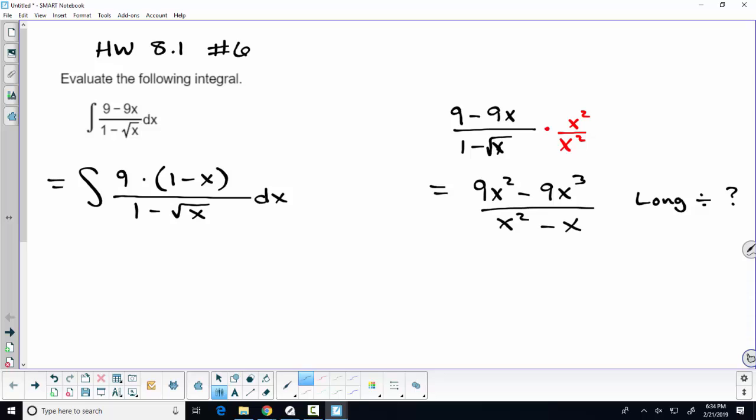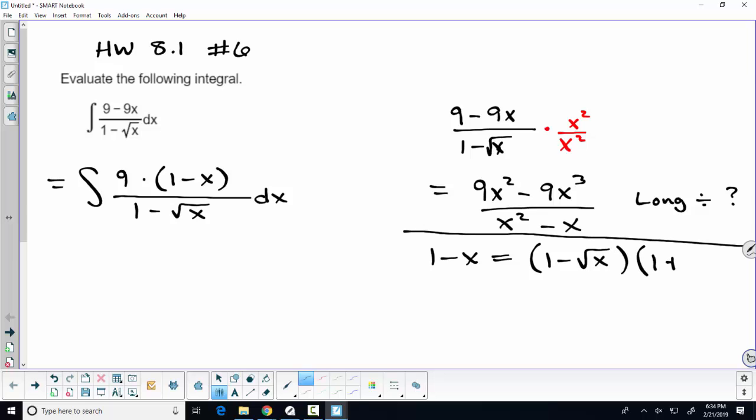Initially, maybe that doesn't look very helpful, but 1 minus x is a difference of squares. So can I write 1 minus x like that?